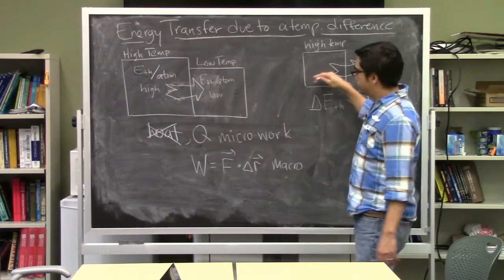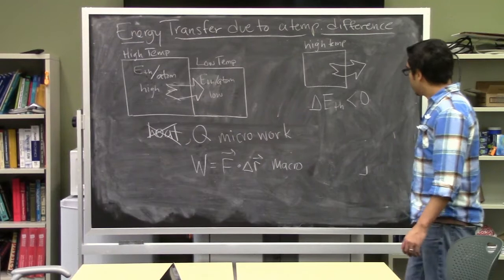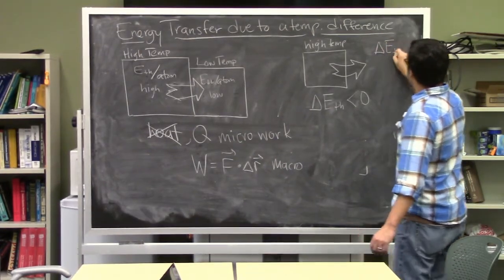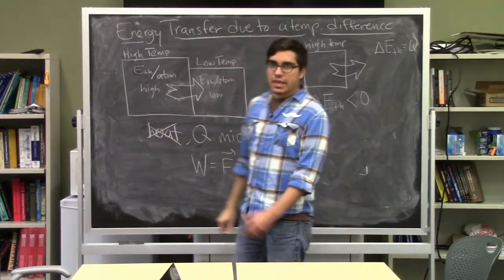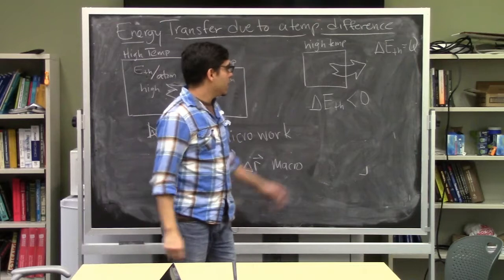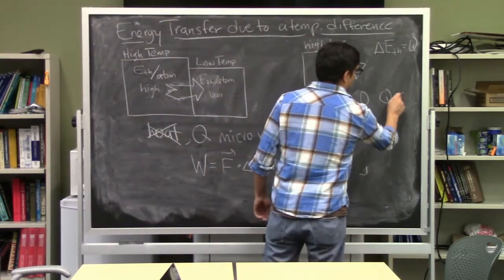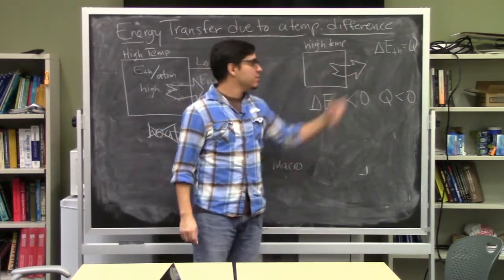There's going to be less jiggling of the atoms as a result of this energy being transferred out of the system. And if that's the case, we know from the energy principle that this thermal energy is going to be associated with heat exchange to the surroundings. And so if the change in thermal energy is negative, Q is negative for that situation. You're taking thermal energy out of the system.